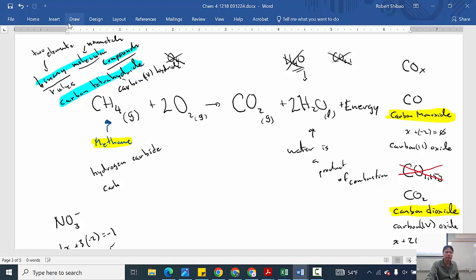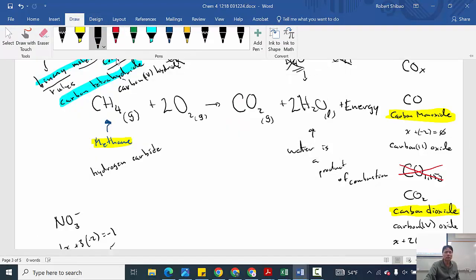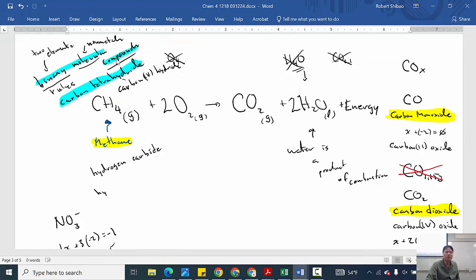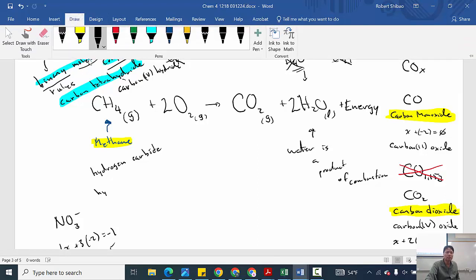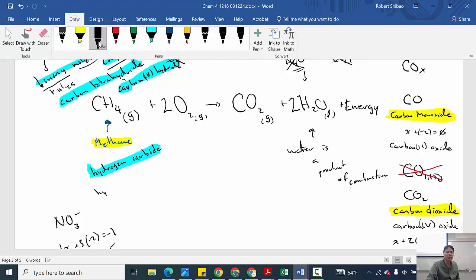And down here, we could call this hydrogen carbide. That would be it. And so these are potential alternate names for methane. But the main name that we use is methane.